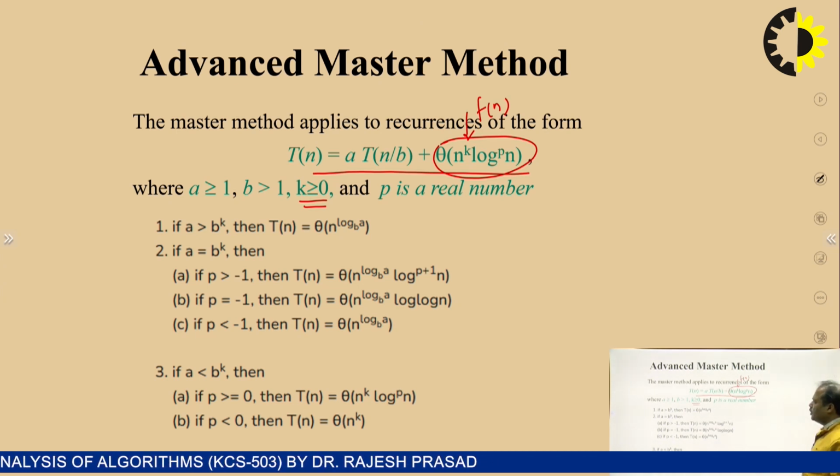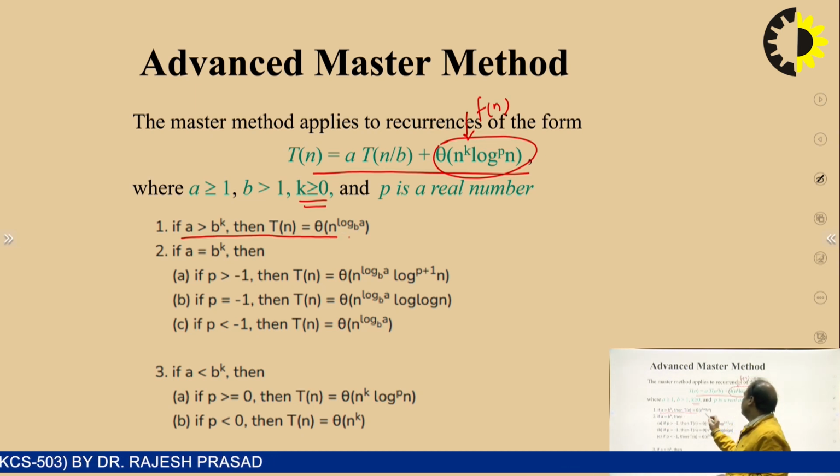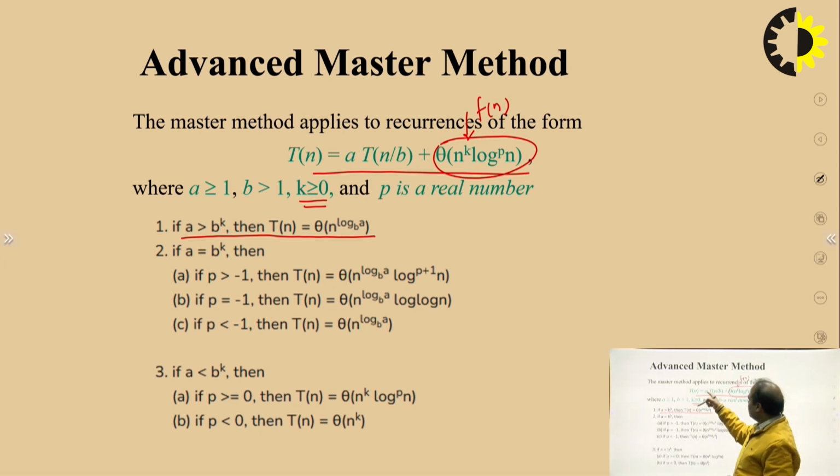There are 3 cases to this. Case number 1: if a is greater than b to the power k. If this is greater than this, actually we are only comparing a and b to the power k, then T(n) is given by this answer, theta n to the power log a base b. On the other hand, if a and b^k are the same, a equal to b to the power k, then we are checking p.